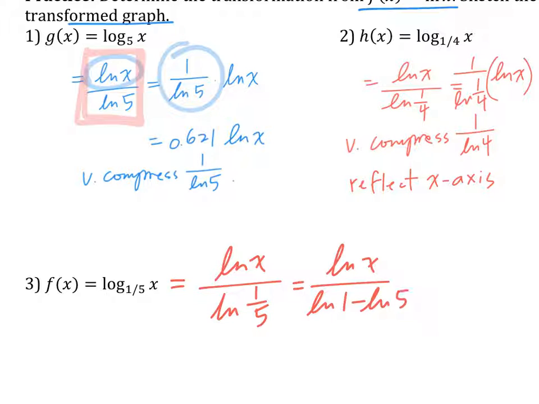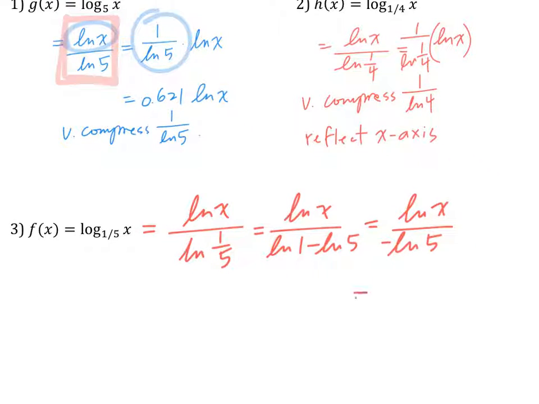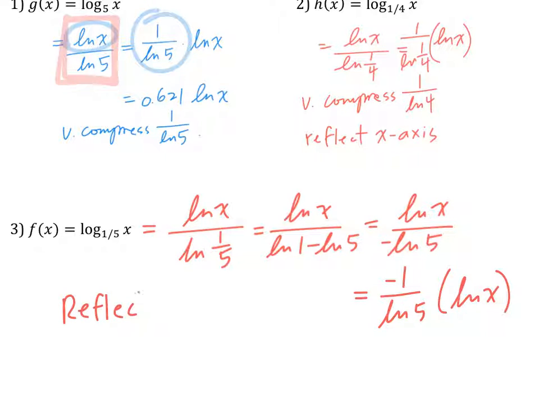And then you have negative ln 5 in the denominator. Uh-huh, good. And then you separate the ln x times 1 over negative ln 5. Mm-hmm. Good. All right. Allison, what are the transformations? Reflect x-axis.